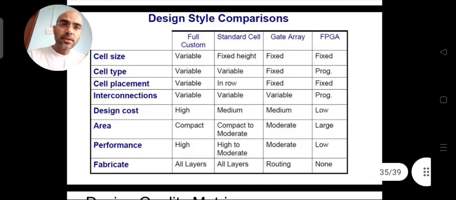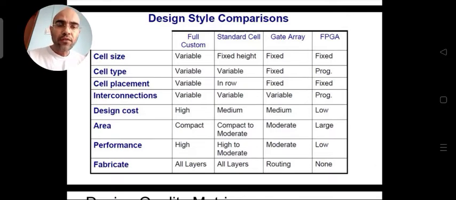So in short, if you just try to summarize whatever we have seen so far, there are various parameters like cell size, what the cell type is, interconnects, area, performance. All these things are classified into various design styles or design methods. In full custom design, most of the things are good, but the cost is high and it is not flexible.